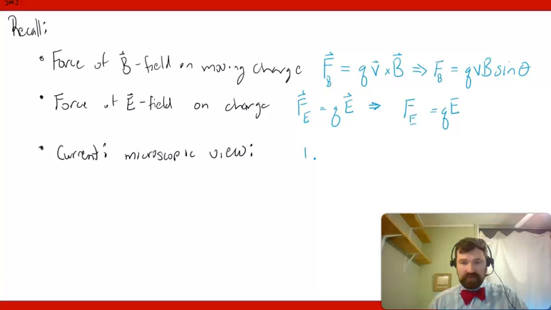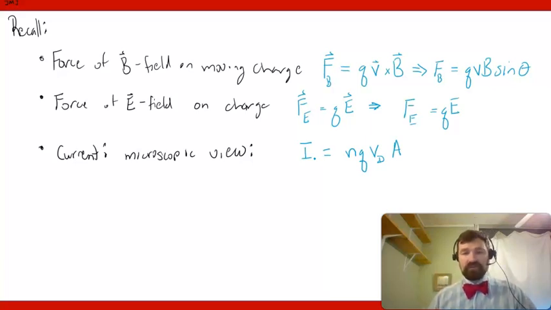And that was that the current is given by the density of charge carriers times the charge of each carrier times the average drift velocity of these charge carriers, times the cross-sectional area of the conductor through which all these are traveling. This one right here really is kind of important for completionists.